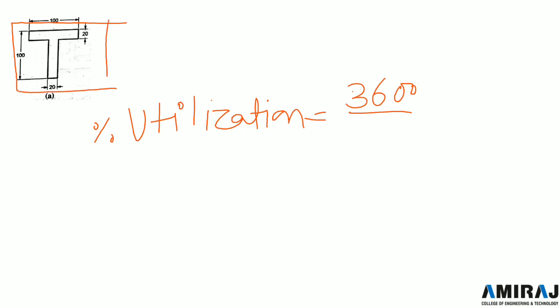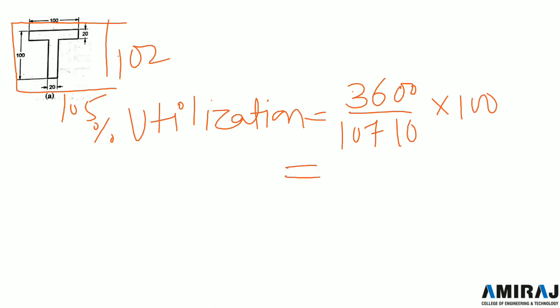The sheet area was 105 by 102, which is 10710. If we multiply by 100 to get a percentage, we get around 33.61% material utilization.